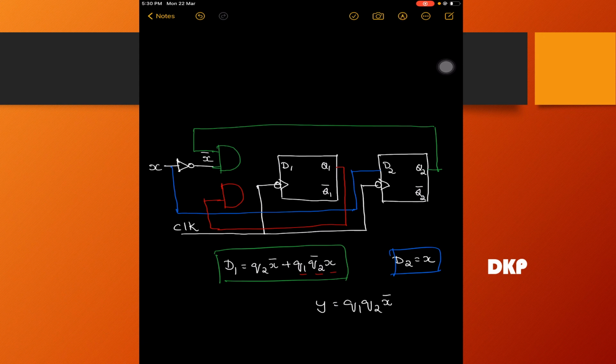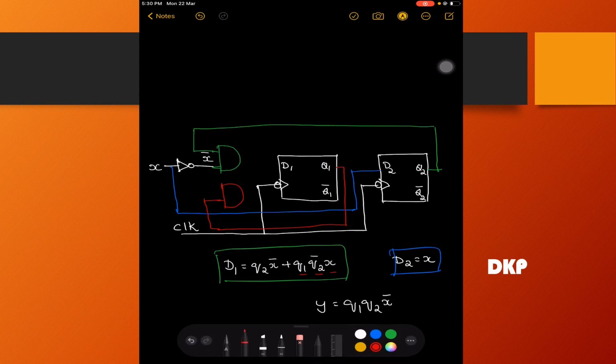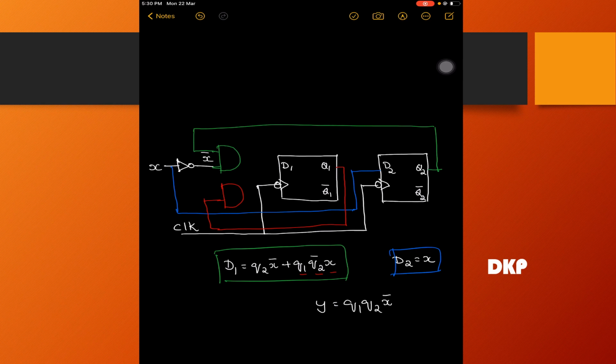So, you have connected Q1. Now, you have to connect Q2 bar. This is Q2 bar. This can be given as the next input to this AND gate, and we have one more input here. Which one is that? X, that you can take from here.